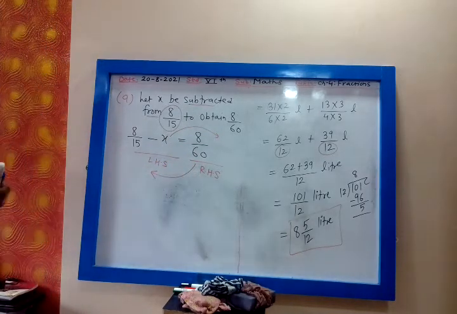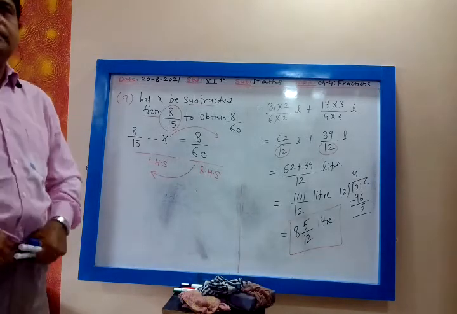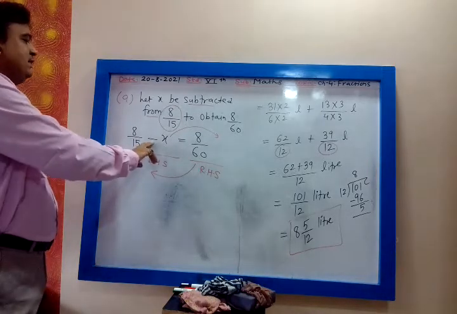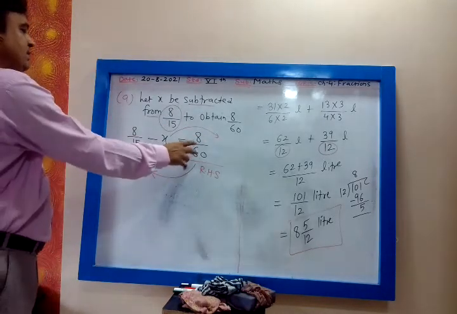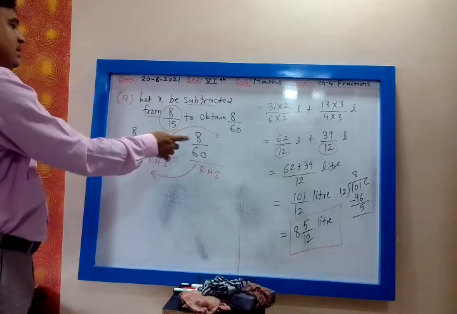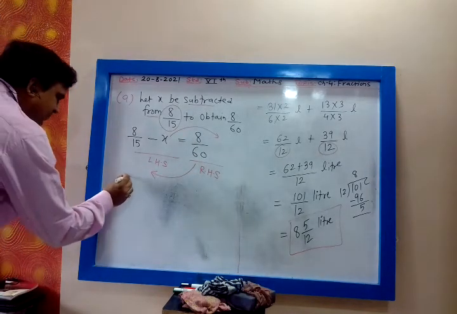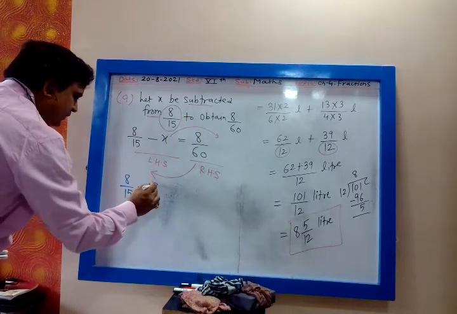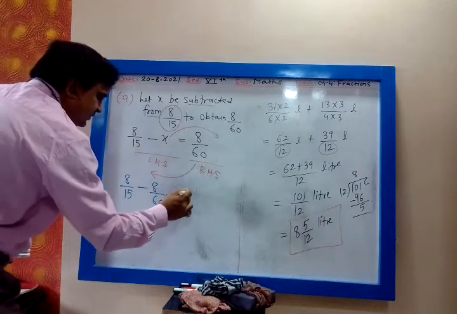Remember, whenever it is plus x, we do not change the position of x, but whenever it is minus x, we take it to the right side. It becomes plus x, and 8/60 on the left side will become minus 8/60. So that will be 8/15 minus 8/60 is equal to x.